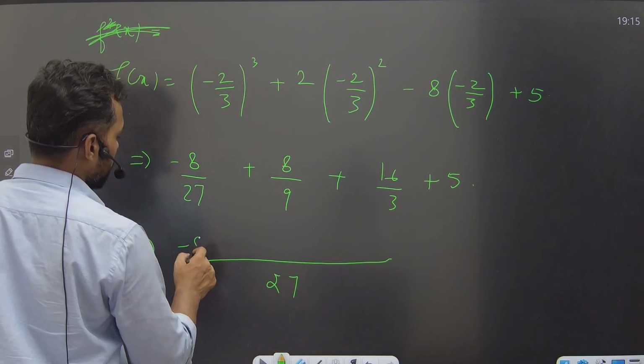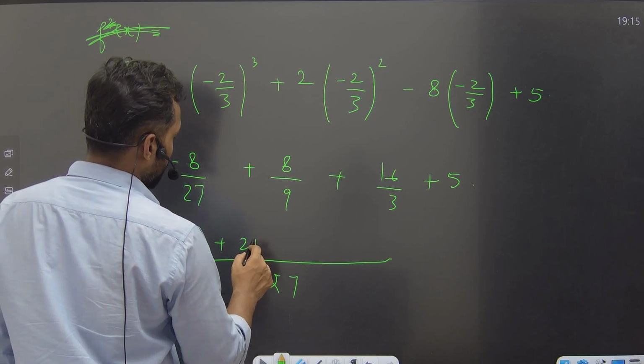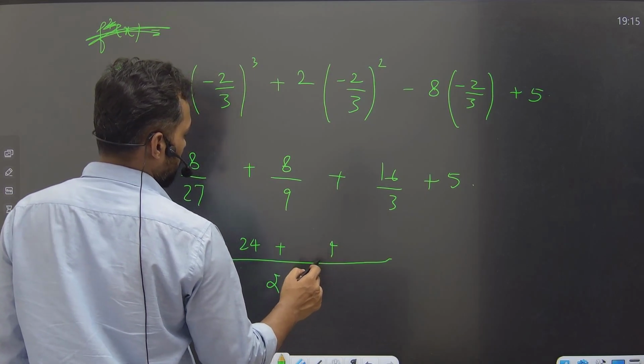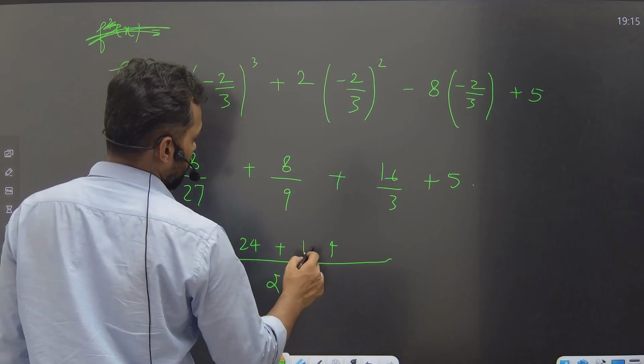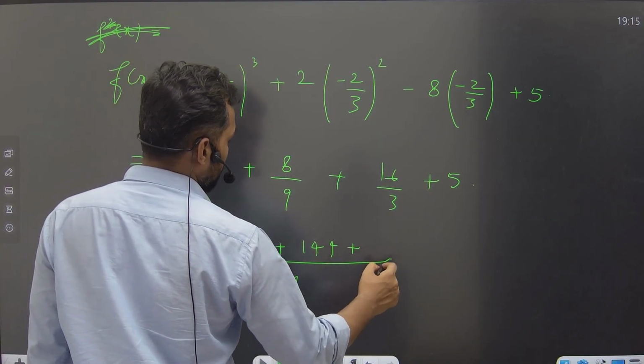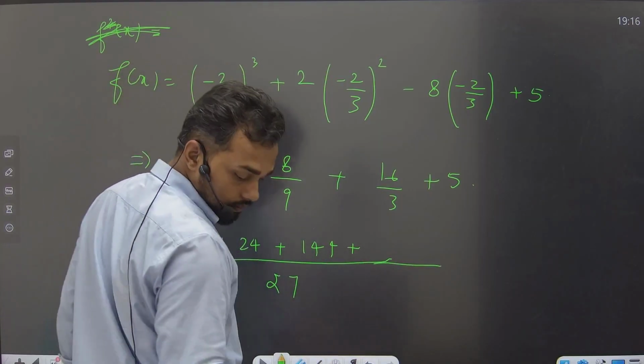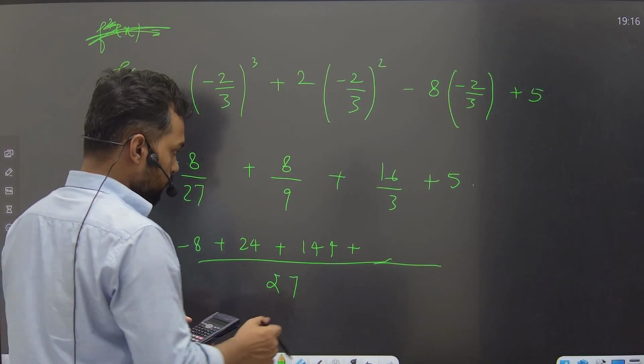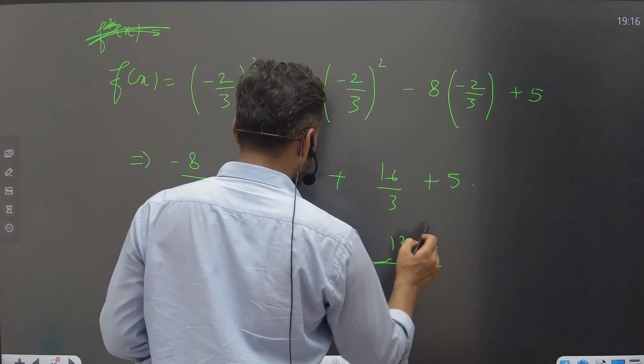Taking the LCM here, 27: negative of 8 plus 24 plus 144 plus 27 cross 5, which will be 135. So 135 we are getting here.